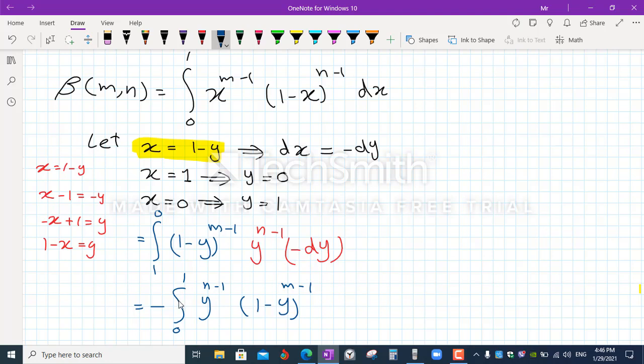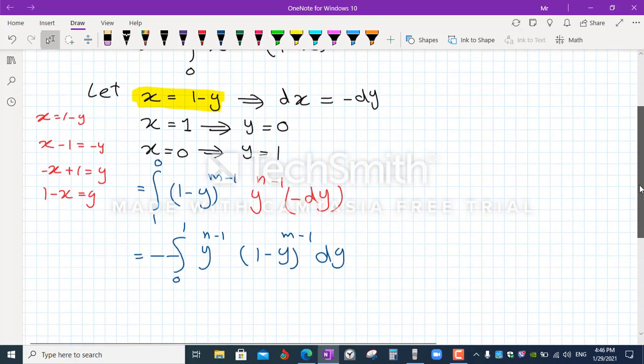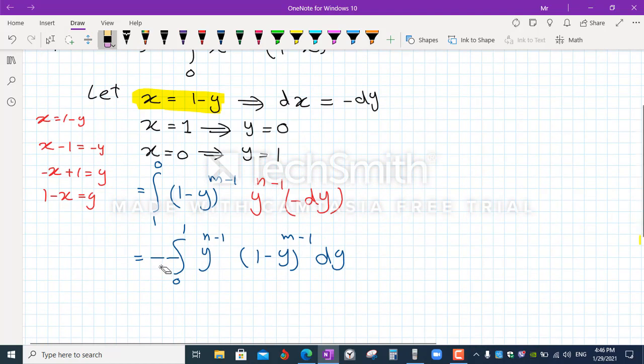And this negative happened because we flipped the boundaries, and this negative with the dy normally goes outside the integral, so that makes a double negative. So the negatives cancel, and it will be just a positive, we don't need to write it. Now have a look at this, where we have y to the power of n minus 1, 1 minus y to the power of m minus 1 dy.